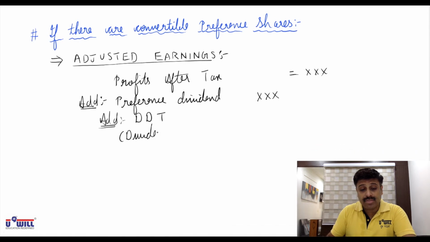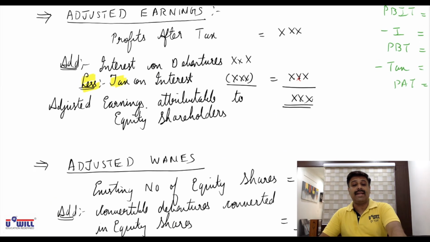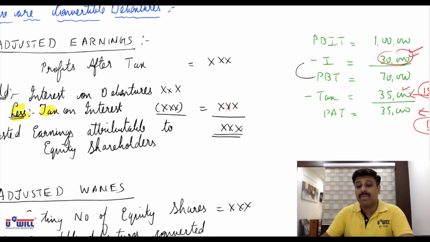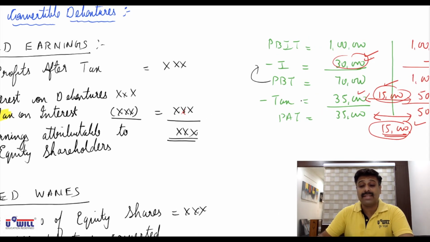Dividend distribution tax, or it is also called CDT, corporate dividend tax. Now understand the logic why we add this. See, we discussed why we subtract the tax, because here interest is a tax saving expense. Means interest comes before PBT. So if you are paying interest, your profits before tax decreases and tax burden also decreases.